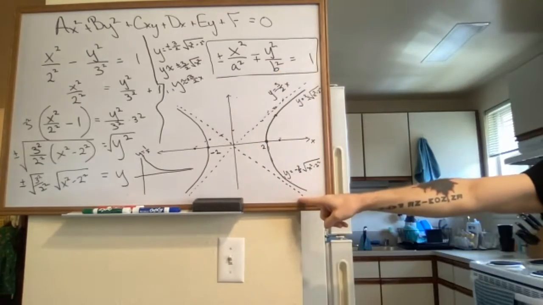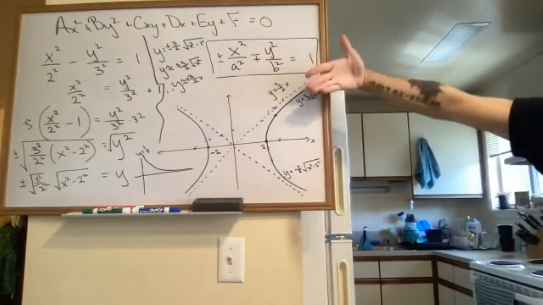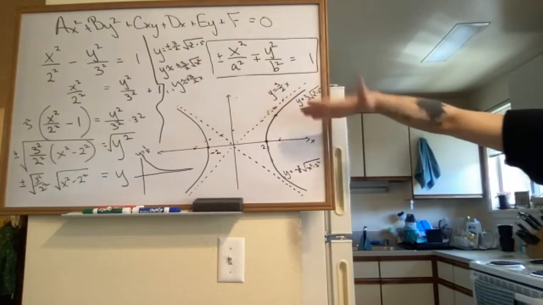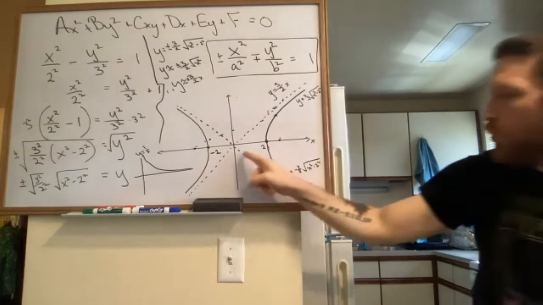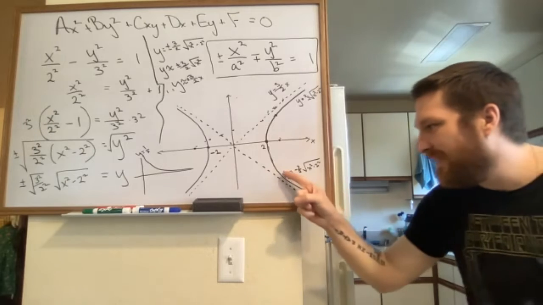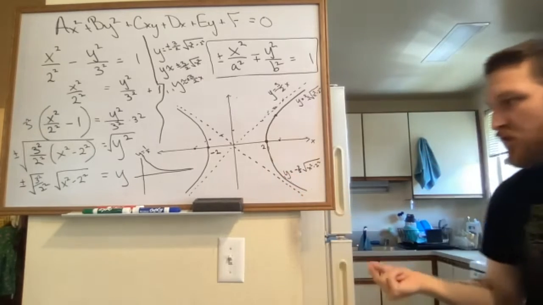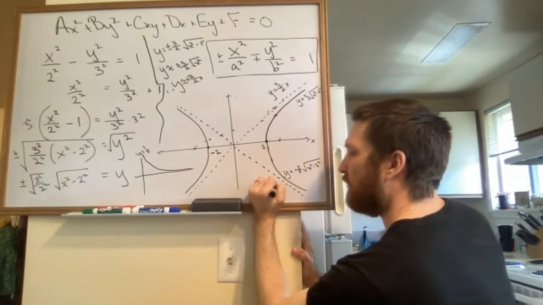This one right here is the negative part of that, because we had the positive and the negative when we took the square root. So the bottom one down here, as this gets really, really large, gets closer and closer to y equals negative 3/2 x.